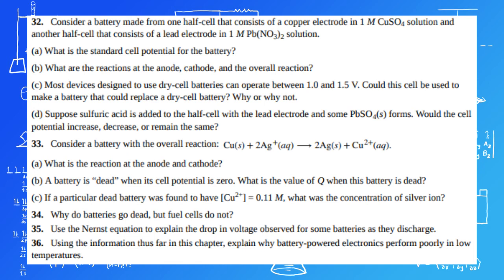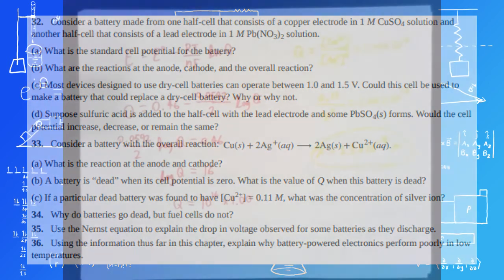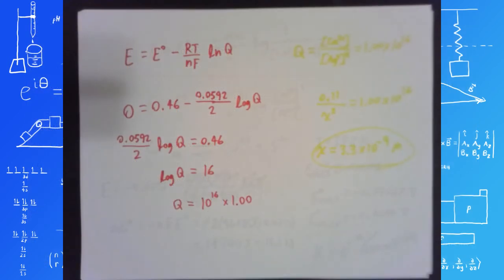36. Using the information thus far in this chapter, explain why battery-powered electronics perform poorly in low temperatures. Why they perform poorly in low temperatures. Well, let's see.